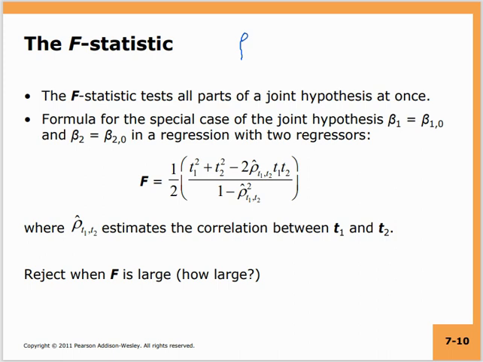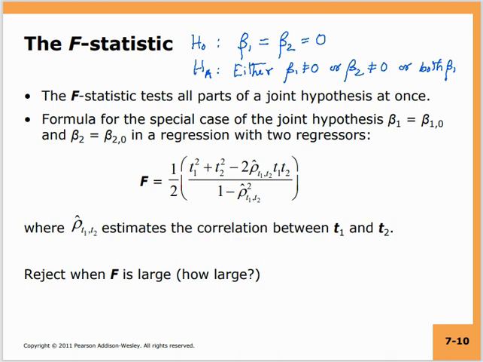So we had the null hypothesis that two different parameters are both equal to 0, versus the alternate hypothesis that either beta 1 is not equal to 0, or beta 2 is not equal to 0, or both beta 1 and beta 2 are not equal to 0. So this is the alternate hypothesis.